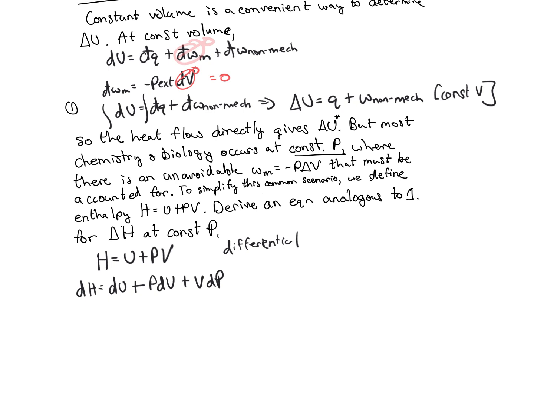Now let's use our given information. For VdP, we're at constant pressure, so dP is 0 and this term goes to 0.